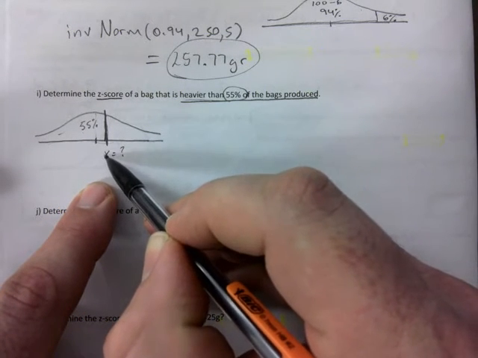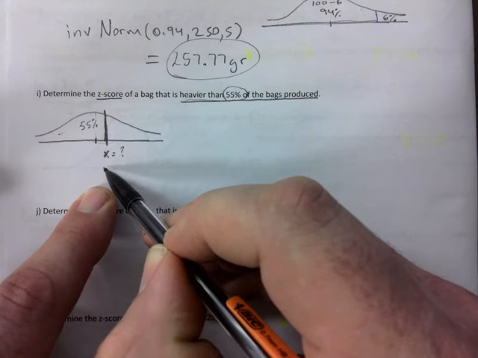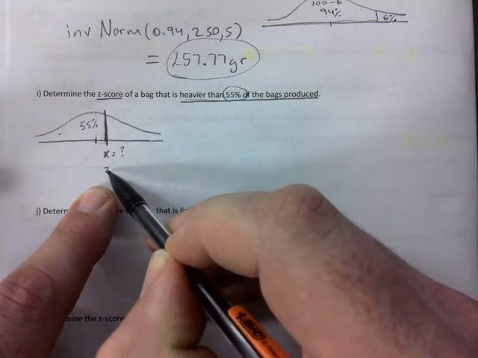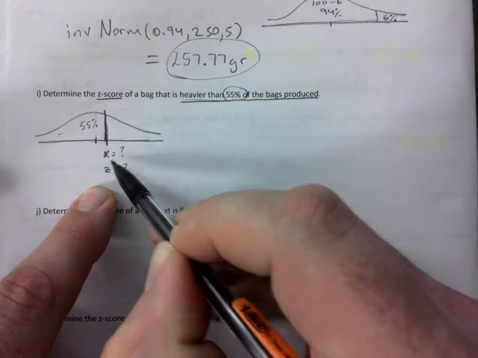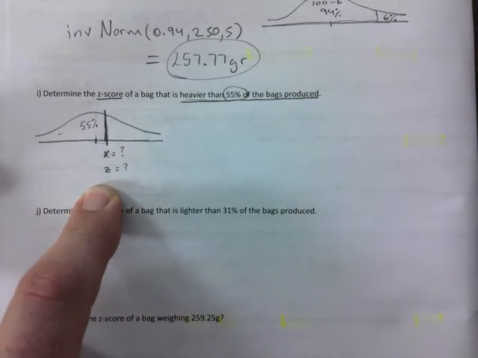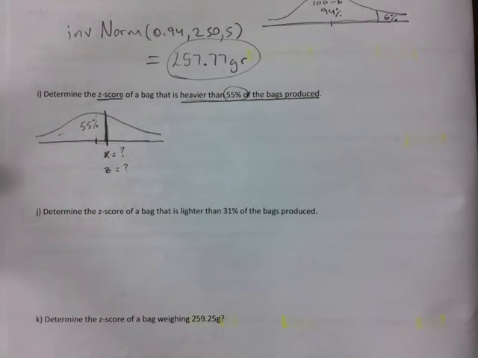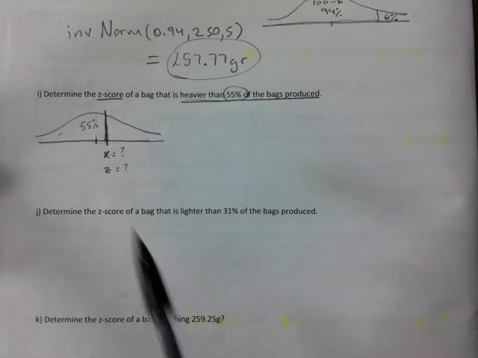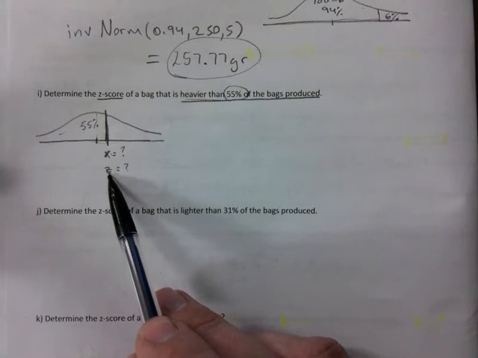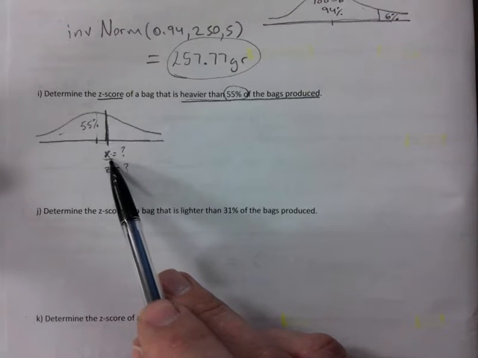This score will also have a z-score that's associated with it, because remember, every value has a z-score that goes with it. Does that make sense? Okay, so I'm not jumping to the z-score. I'm going to figure out the value itself first and foremost.